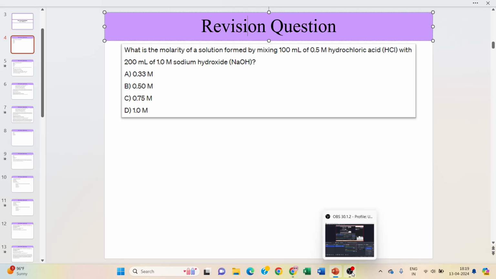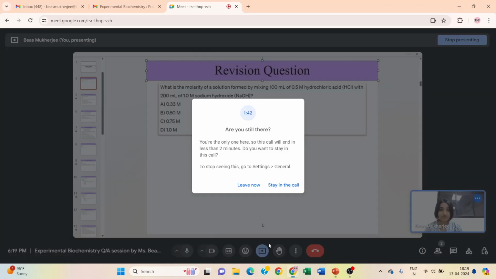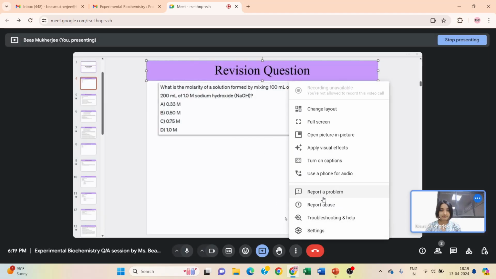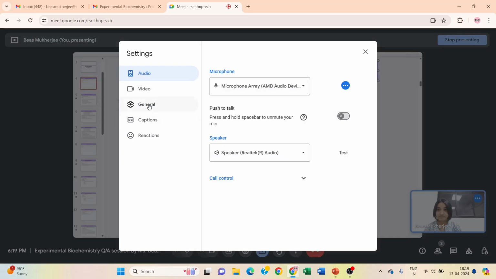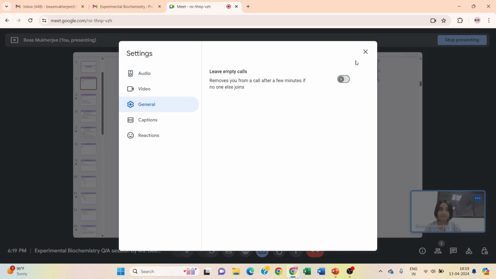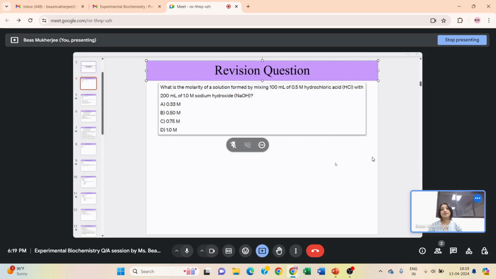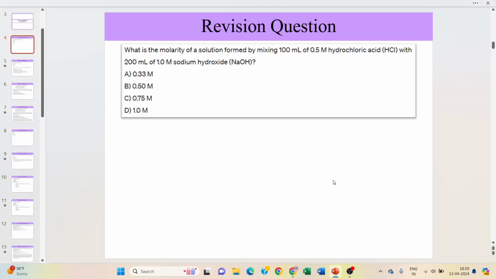Okay. So the first question is: what is the molarity of a solution formed by mixing 100 ml of 0.5 molar HCl with 200 ml of 1 molar NaOH?